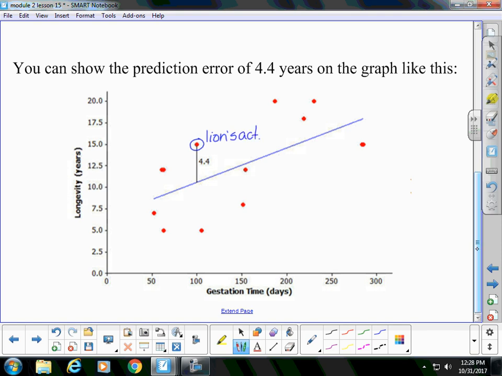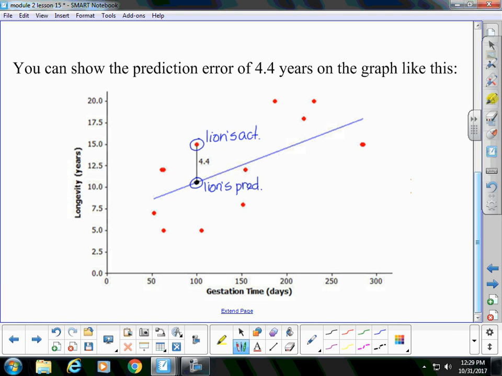And then the lion's predicted would be right here. So that's the lion's predicted. And the reason why that's predicted is because it falls on the line right below where the lion's actual is.